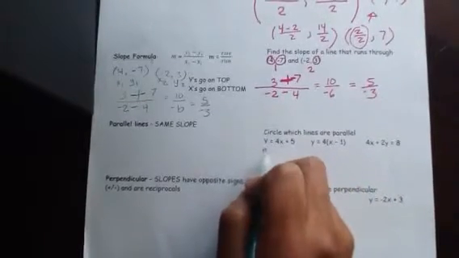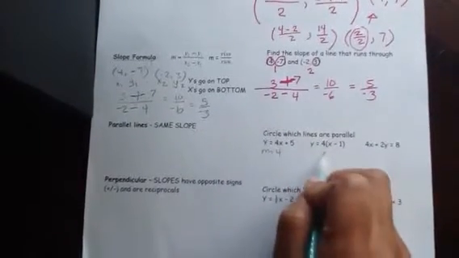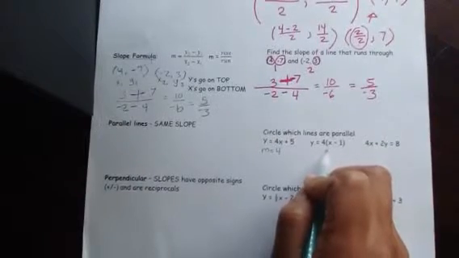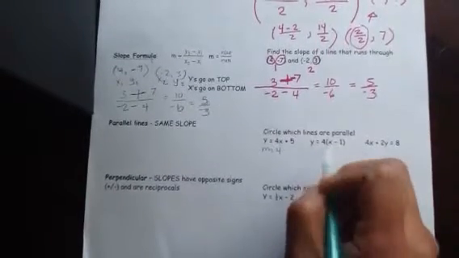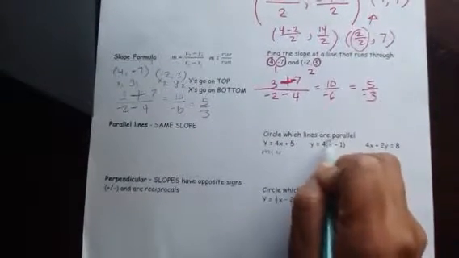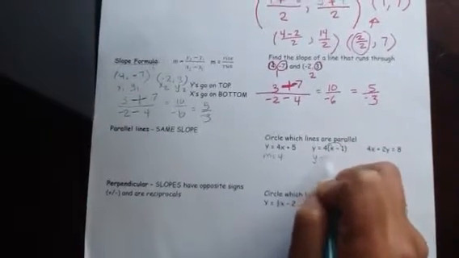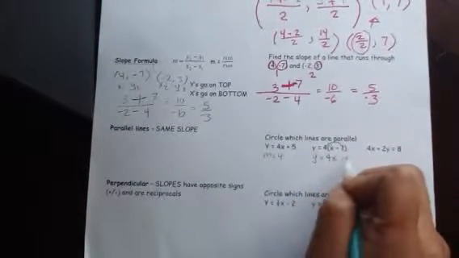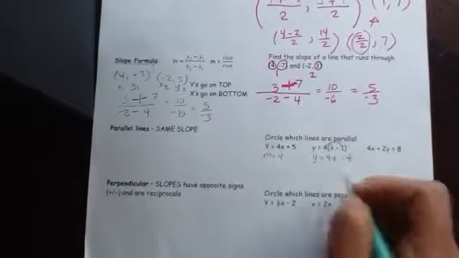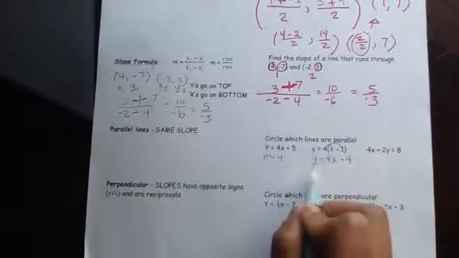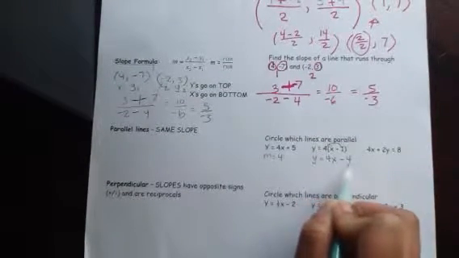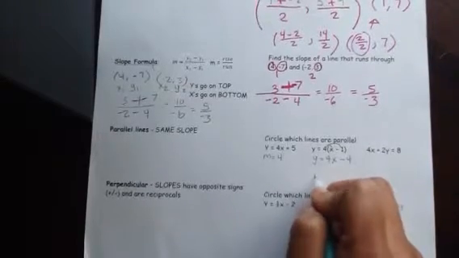This slope we already know is 4. This one we don't know because it hasn't been simplified, so I need to simplify this by distributing. So y is equal to 4x minus 4. Now I know what my slope is because it's in y equals mx plus b.